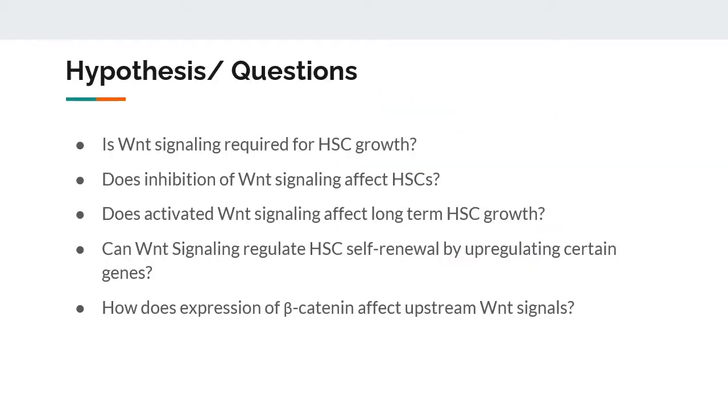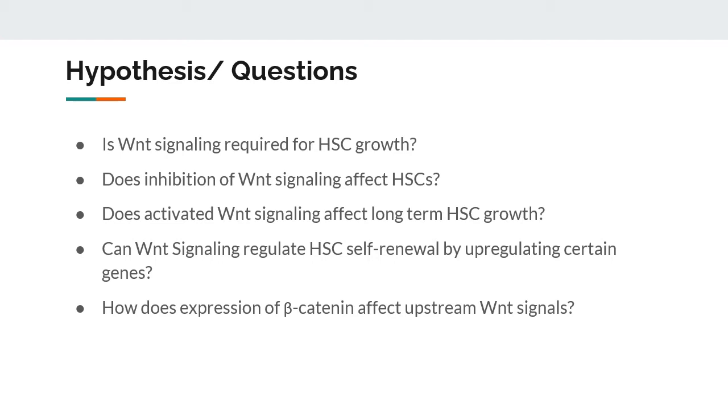So moving on to the hypothesis and questions, the researchers had many questions about how this pathway would work and all the specific variables that worked along with it. But the main hypothesis that they discussed is that Wnt signaling does have an influence on HSCs. The main broader questions that they asked are: Is Wnt signaling required for HSC growth?